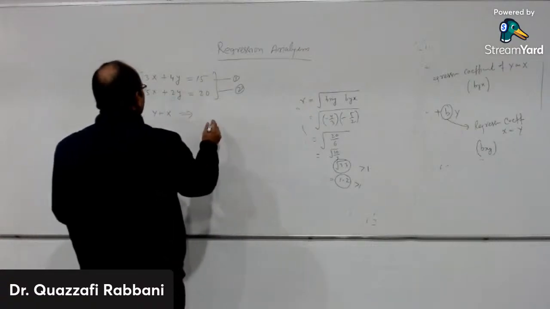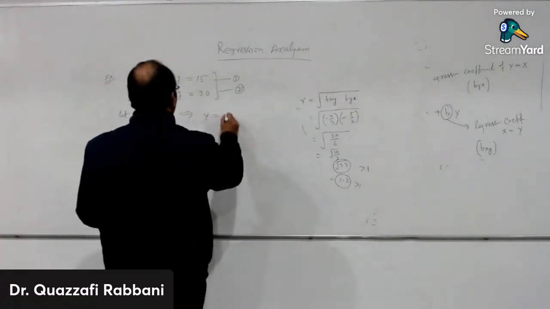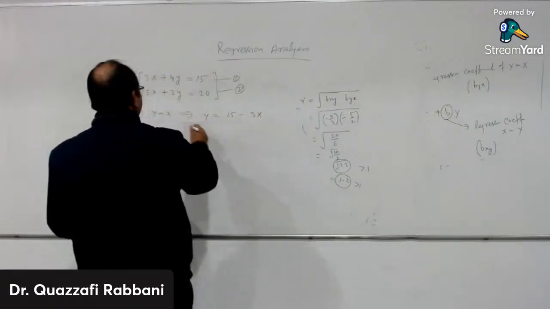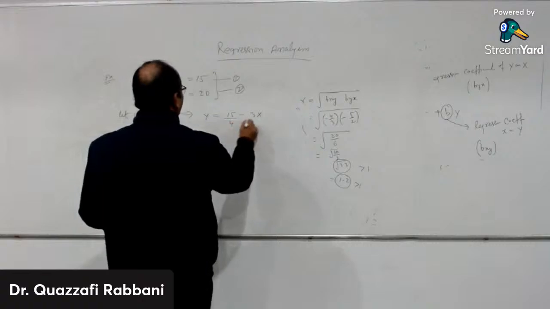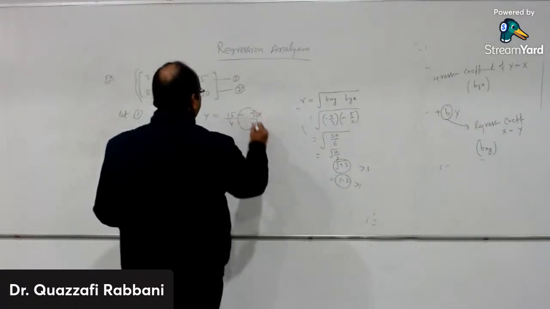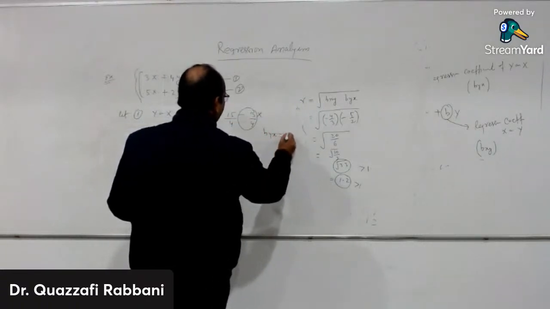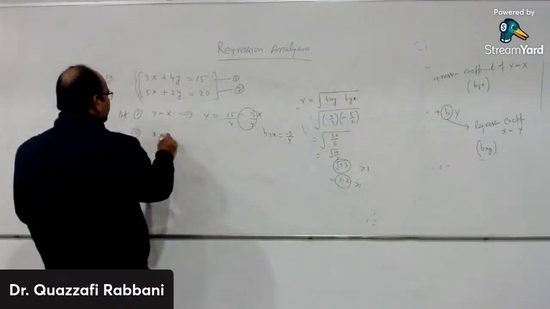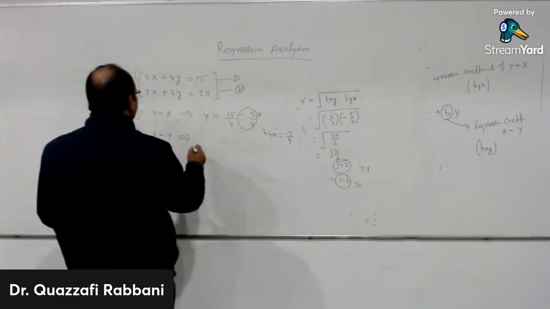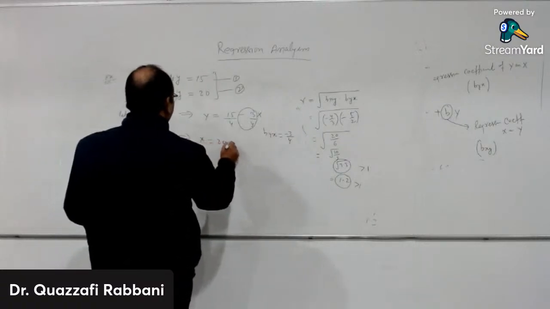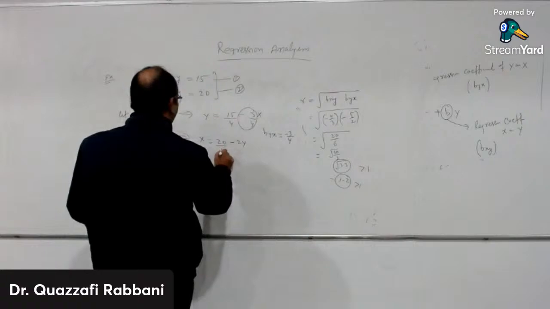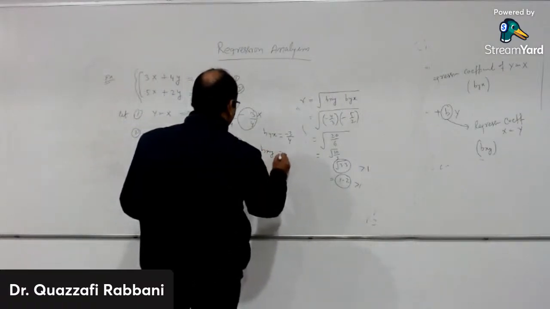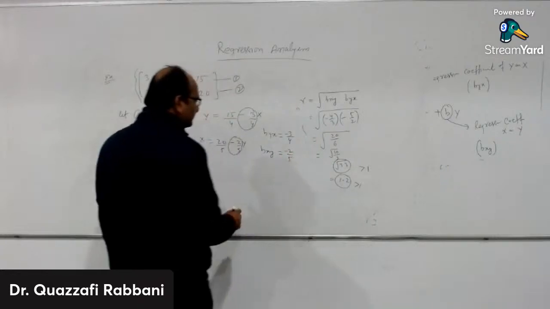So y is equal to 15 minus 3x over 4, so byx is minus 3 by 4. And from equation 2, this is x on y, so x is equal to 20 minus 2y over 5, so here you will get bxy is equal to minus 2 by 5.